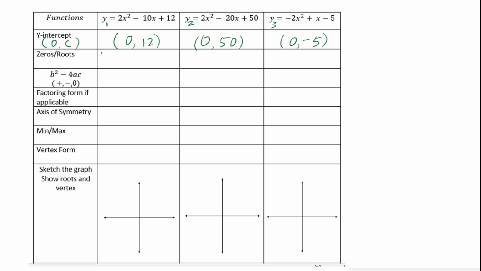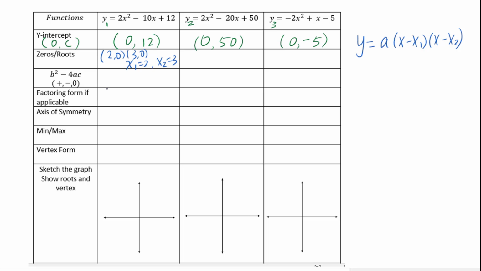For zeros, I can write down (2, 0), (3, 0). Or you can write down x1 equals 2, x2 equals 3. For factoring form, remember the factoring form is y equals a times (x minus x1) times (x minus x2).